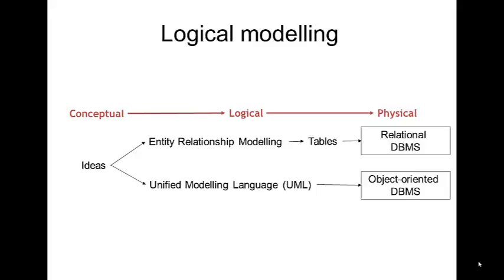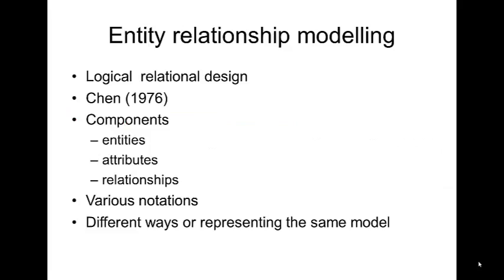So depending on what type of physical system you're implementing, a relational system or an object-based system, you'll follow a different logical modelling process. Most of this lecture is concerned with entity relationship modelling. So, what is entity relationship modelling? Well, it's a logical modelling approach to help in relational design.